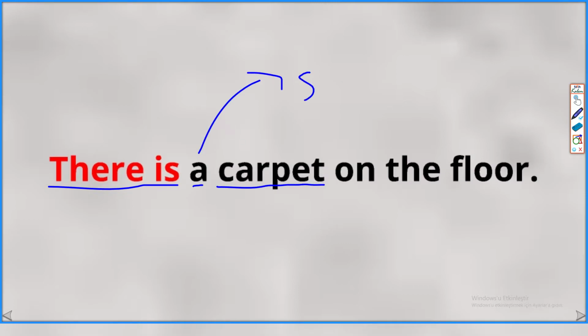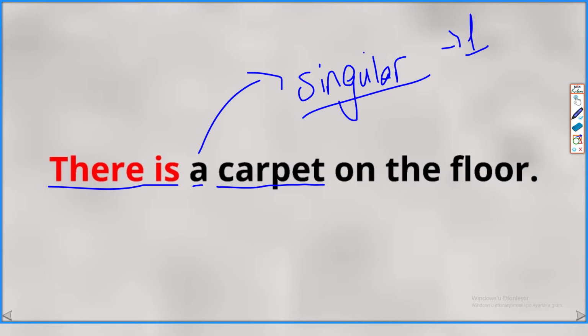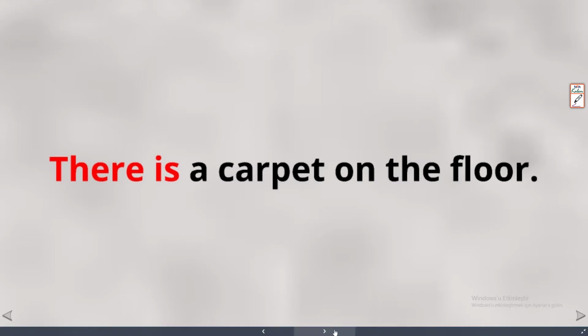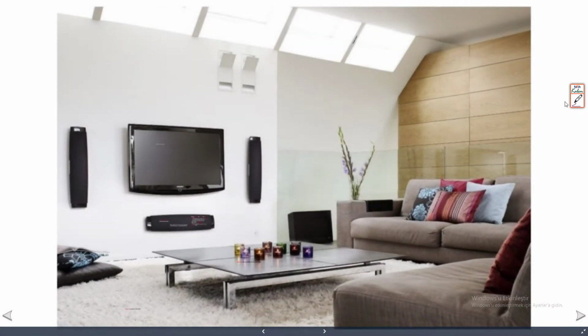A is singular, and singular means one, and we use singular for there is. If it is singular we should use there is. There's a carpet on the floor, and as you see, there is a carpet.